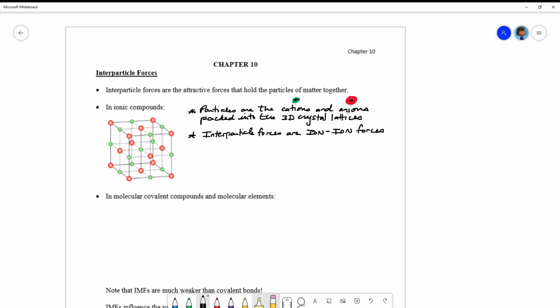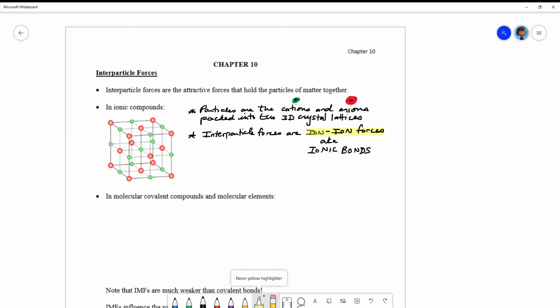But we almost never use the term ion-ion forces, except maybe in this chapter. That's because ion-ion forces are better known as, also known as, simply ionic bonds.